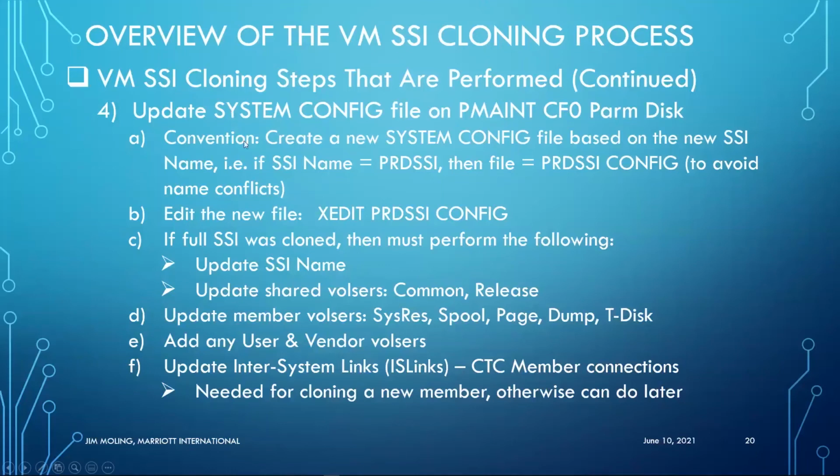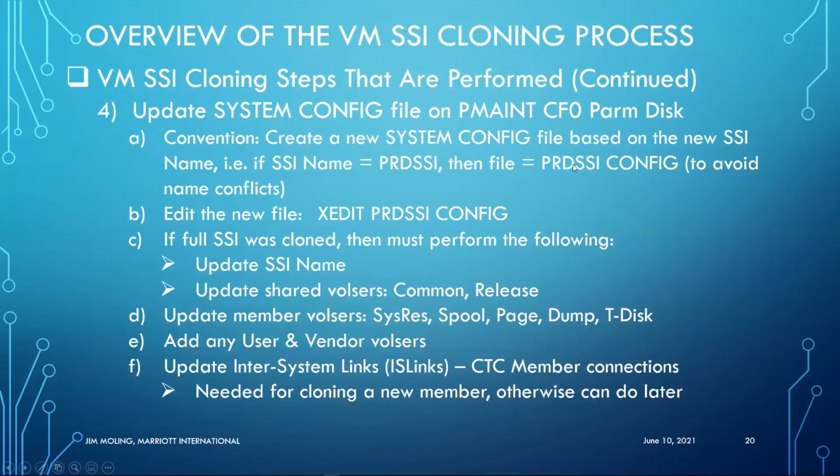And so, as a convention, again, this is just to make sure you don't step on feet, any kind of naming conflicts. If you're always using system config, something's going to clash with something, right? So I suggest, okay, let's change system to the SSI name. So if the SSI name is PRD SSI, then make a copy of the system config file and call that PRD SSI config.